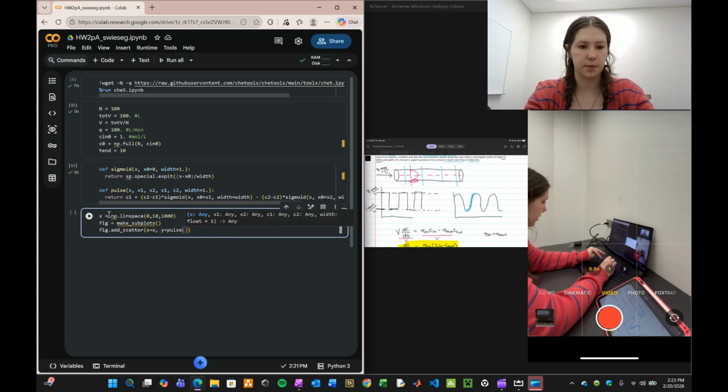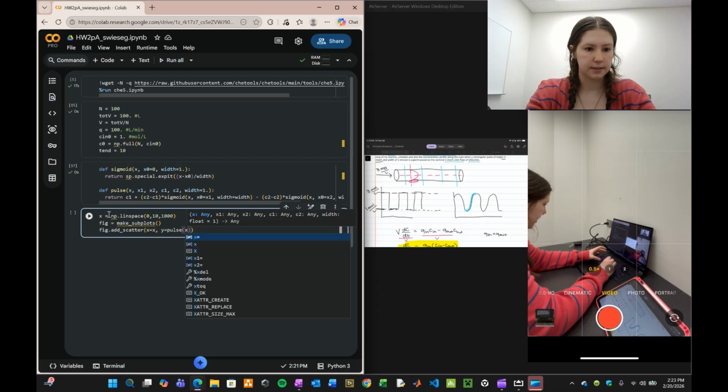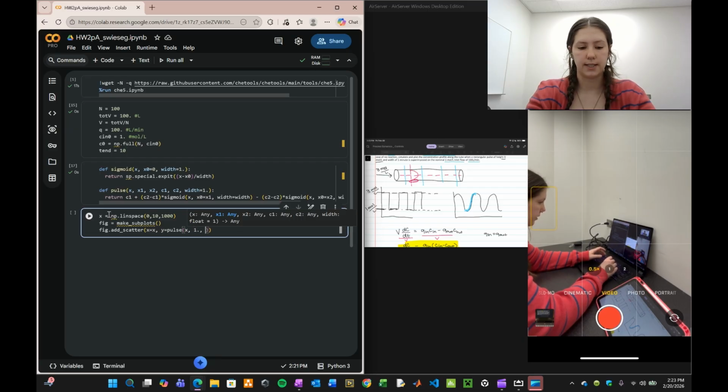And so we want it to be x, and then we want our x1 to be at 1, our x2 to be 0.2, and then our concentration 1 we know is going to be our initial inlet concentration of 1 mole per liter.